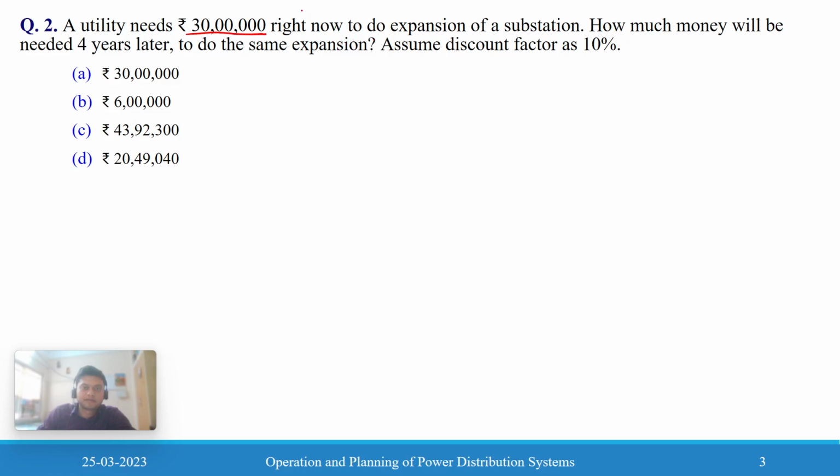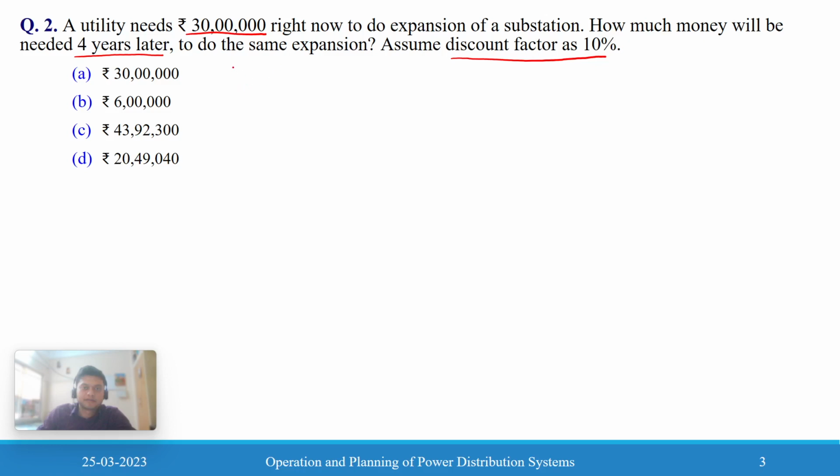This is the present worth, the present value of money. How much money will be needed 4 years later to do the same expansion, assuming discount factor as 10%? So we have to find the future value of money after 4 years.